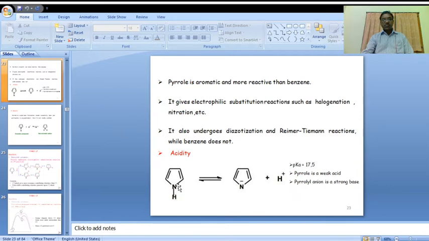This sp2 orbital of nitrogen and 1s orbital of hydrogen overlap to give the NH bond.